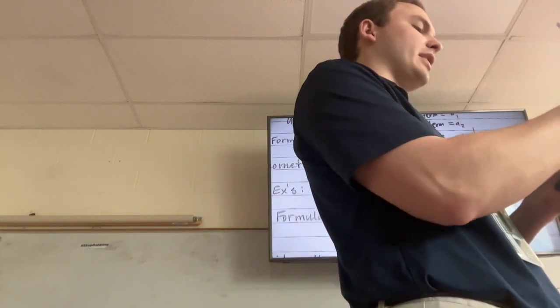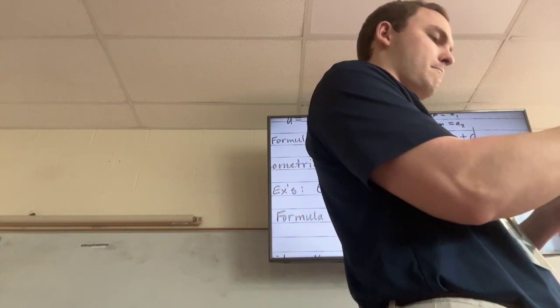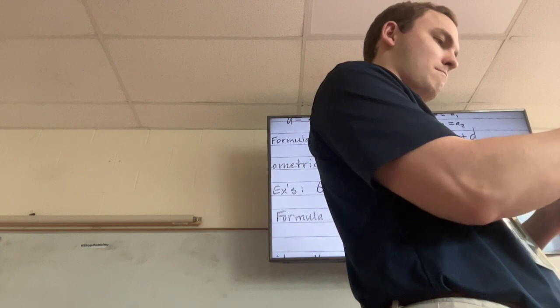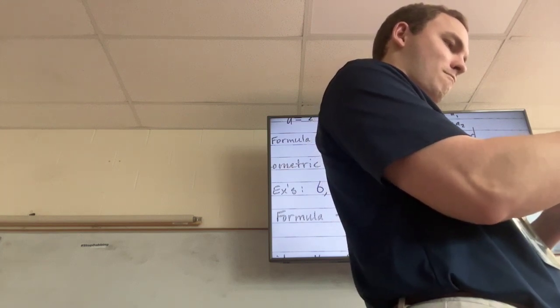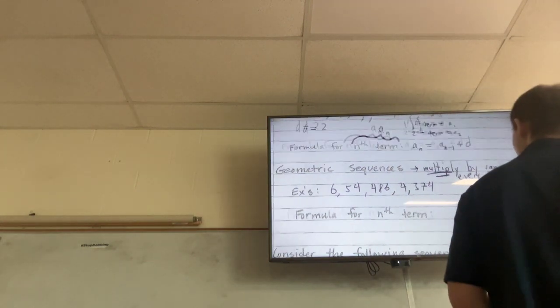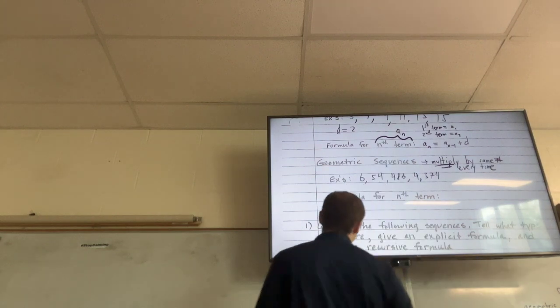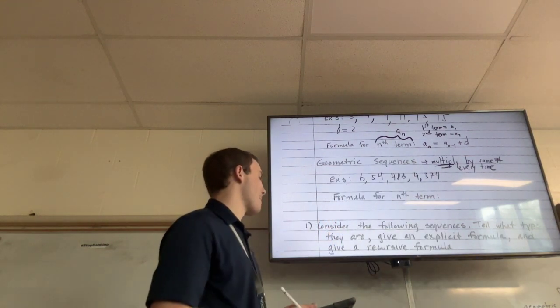So a geometric sequence is when you multiply by the same number every time. The formula for the nth term, I wrote it on the board.